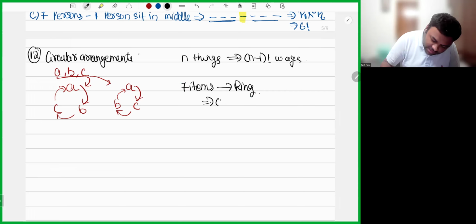It will simply be 7 minus 1 factorial, which is equal to 6 factorial. I hope that's fine. Yes, sir. Simple. 10 people are there. You need to form a circle with these 10 people. Again, same: 10 minus 1 factorial, 9 factorial.